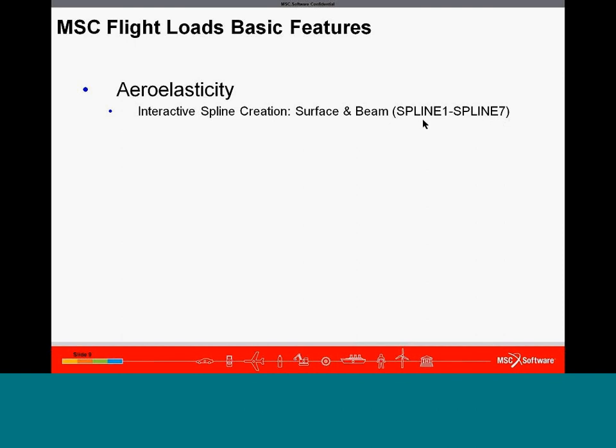Some of the splining methods are suitable for just two-dimensional aerodynamics like doublet lattice, and some of them, like the spline 6 and 7, have been used for 3 to 6 DOF splining between Nastran and things like CFD type meshes.